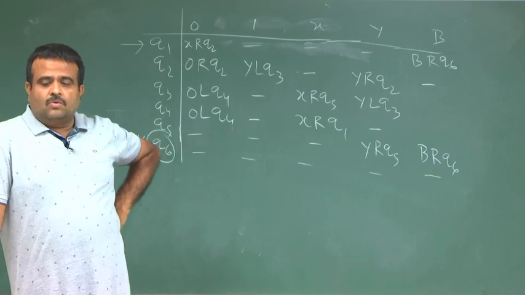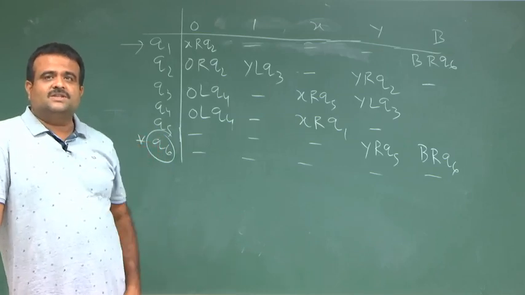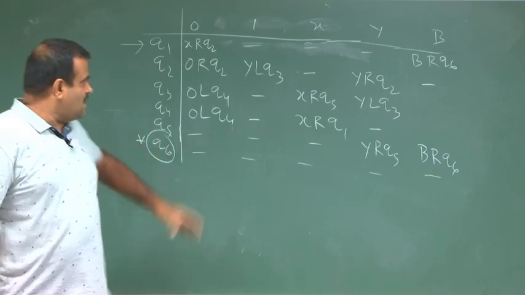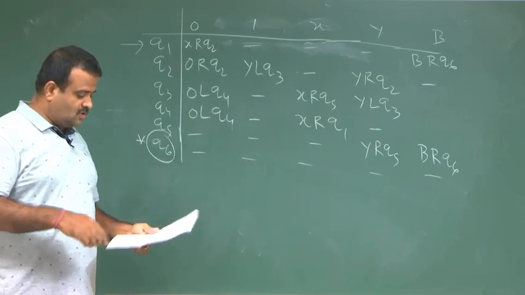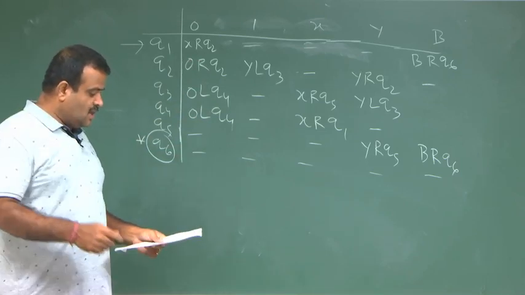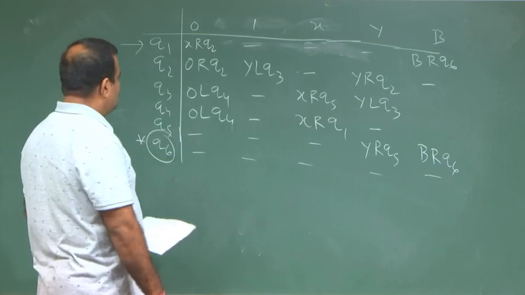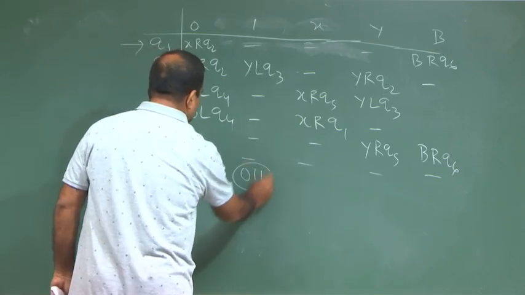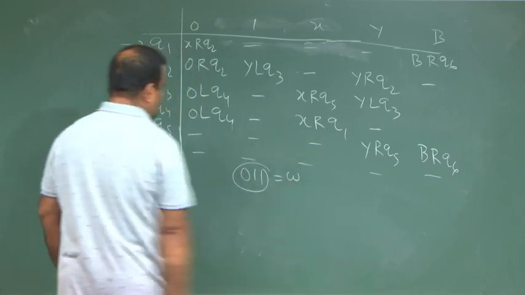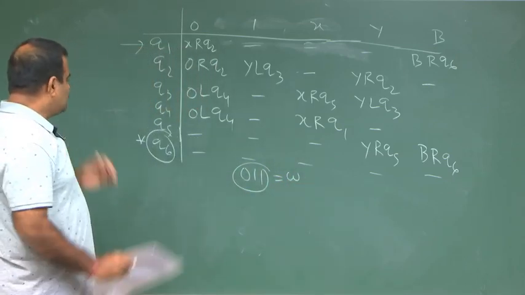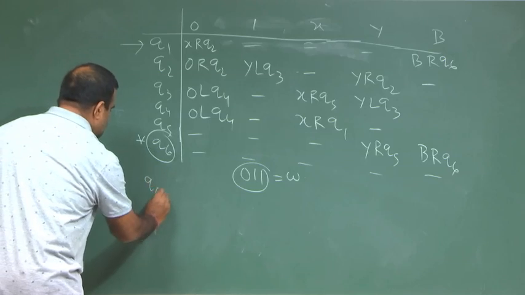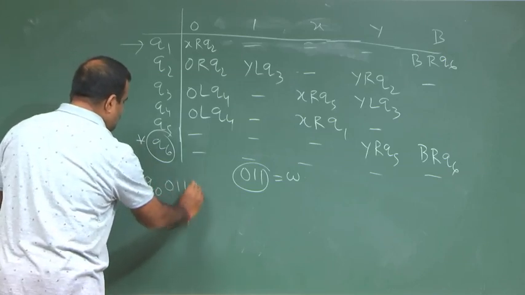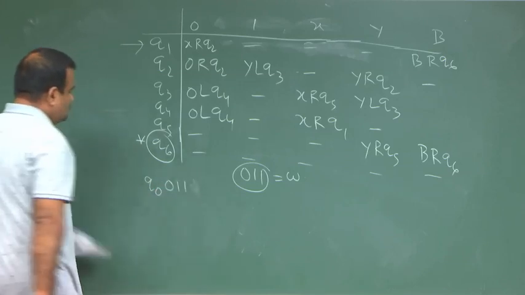Now, we want to see what strings it is accepting. We can write this in graphical form also. First, we want to check whether it accepts the string 0 1 1. This is our w. So, how to check that? We start with q1, and this is the initial ID.